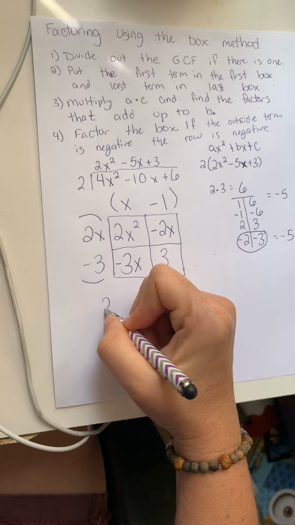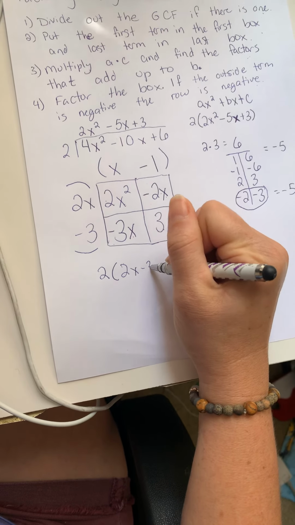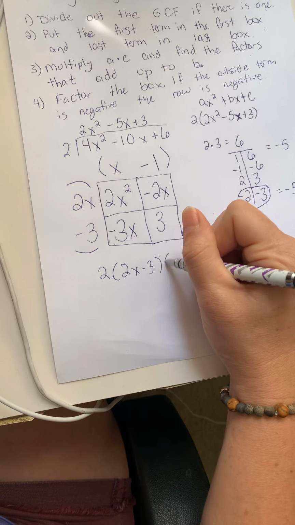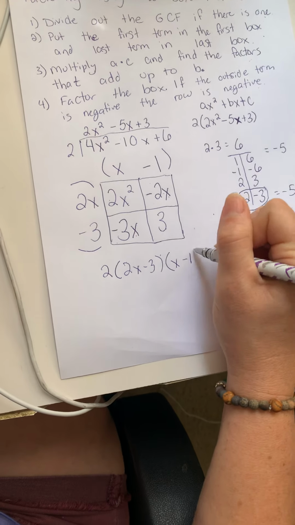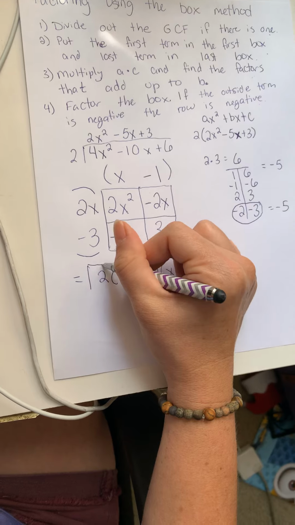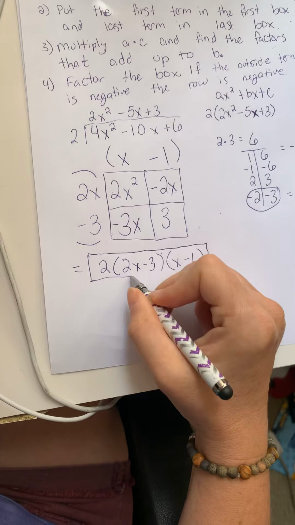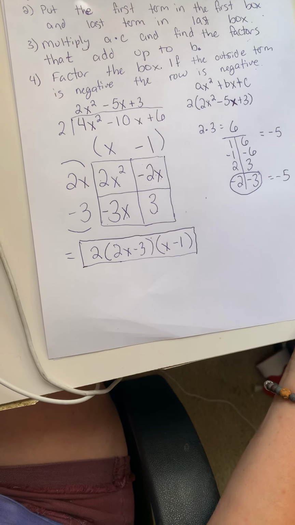So you would write this as 2 times 2x minus 3 times x minus 1. This is our answer factored completely.